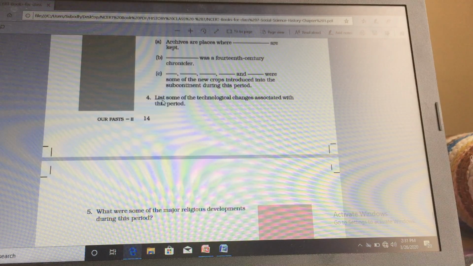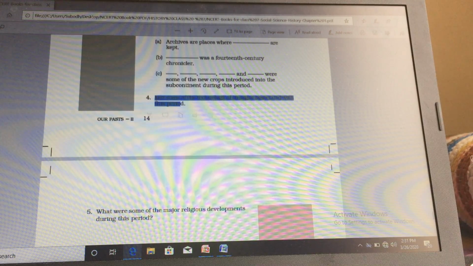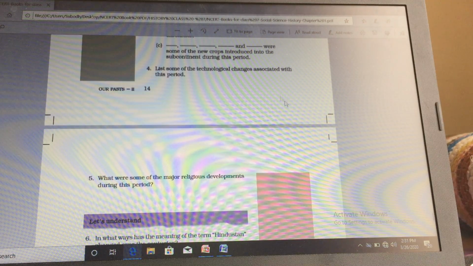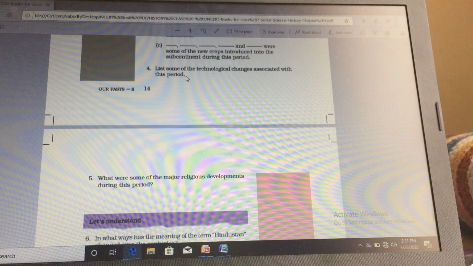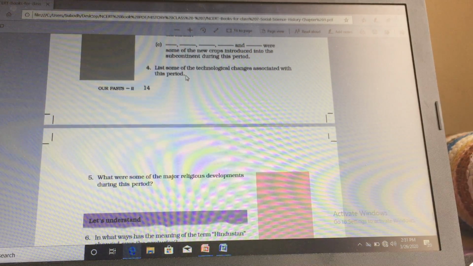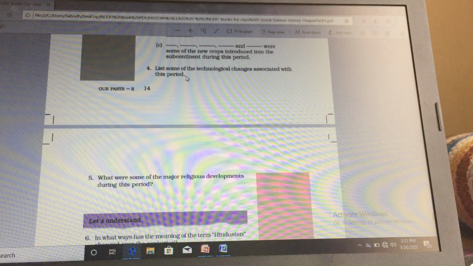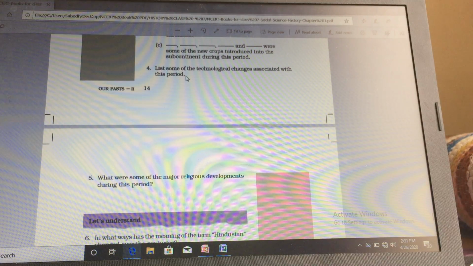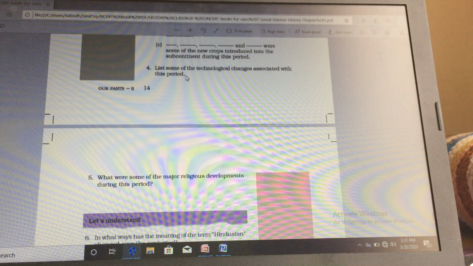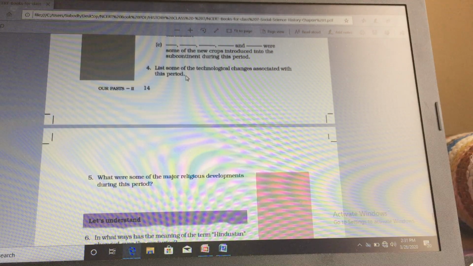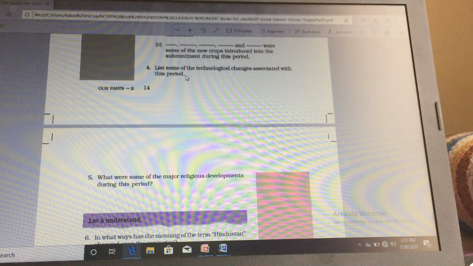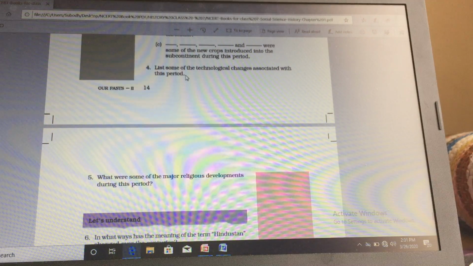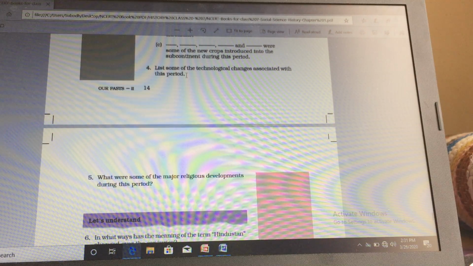Now let's move on to the next question. List some technological changes associated with this period. I hope you remember this answer. We discussed the technological changes. It was Persian wheel, spinning wheel, and firearm in combat. All these were the new technological changes which came in the medieval period.